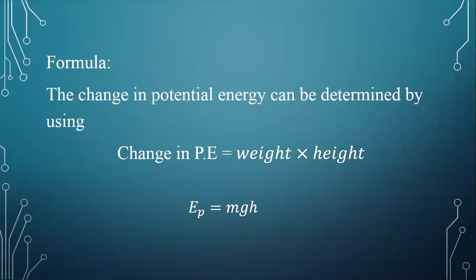So potential energy depends upon the height of the object. If there is a greater height to which you displace that object, then greater will be the potential energy. For smaller height, there would be a lesser amount of potential energy.